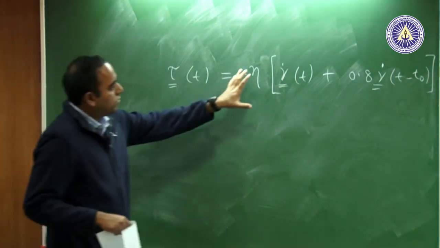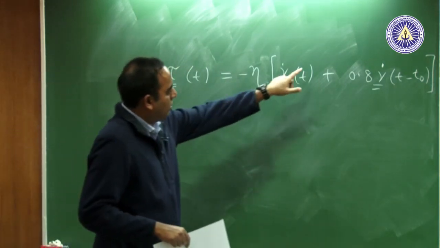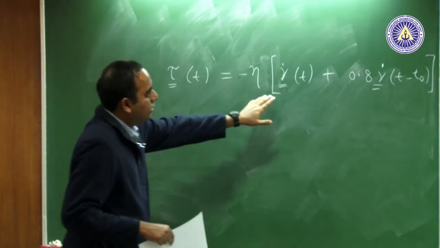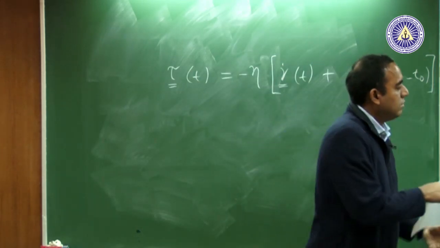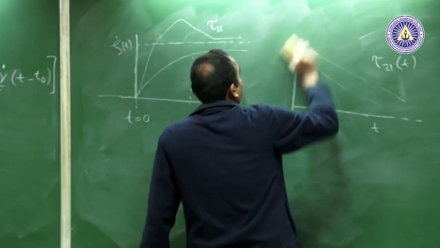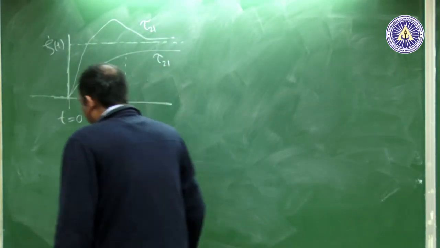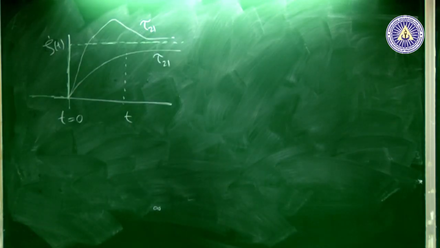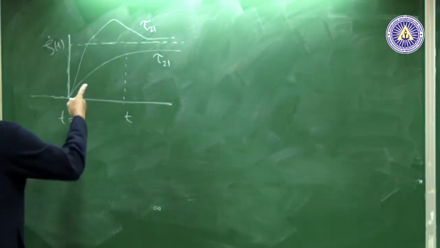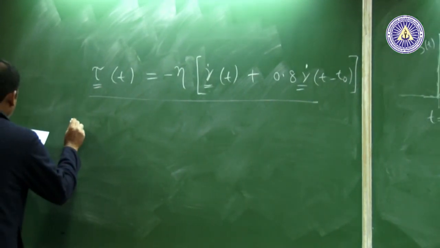Now, if you have a simple model which incorporates a little bit of memory in it, let us see what happens in this experiment. I will just focus on the shear stress growth, to highlight the importance of including one memory term. Before we go to this, with this sort of model, let me first do the steady shear. It is always instructive to do steady shear.